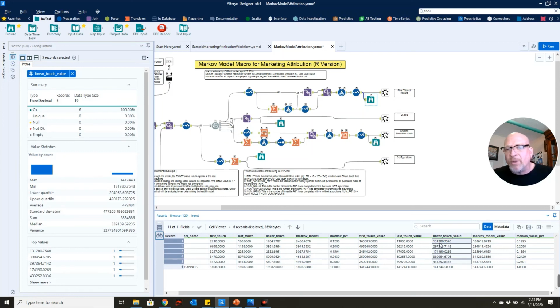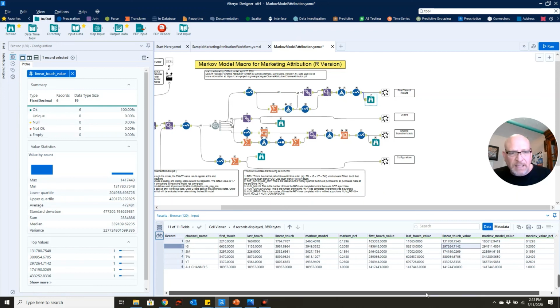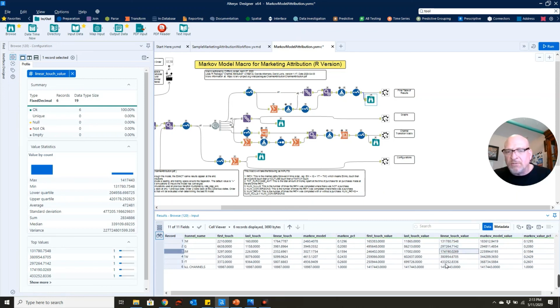So 131,780 was for email, 297 was for IG in-game, and then social media was 174,000. You can see right here, this will tell you exactly how much value in money you are getting from that channel, which is very important if you're trying to tune your channels.